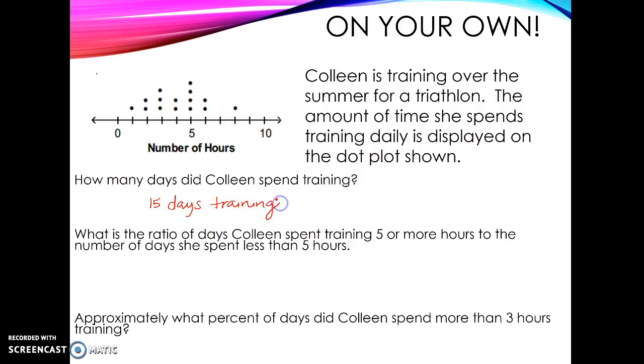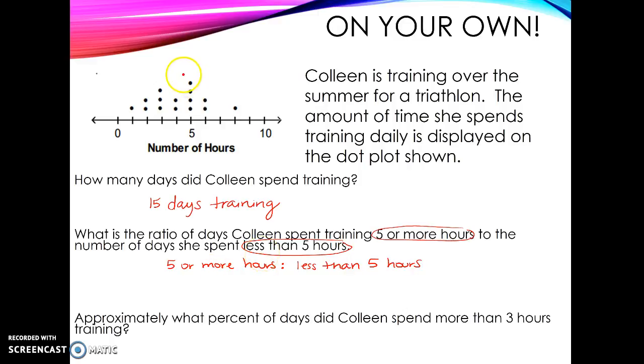And then it says, what is the ratio of days that she spent training 5 or more hours to the number of days she spent less than 5 hours? So 5 or more hours is the first piece of my ratio, to less than 5 hours.